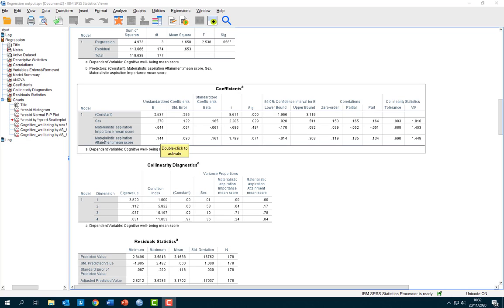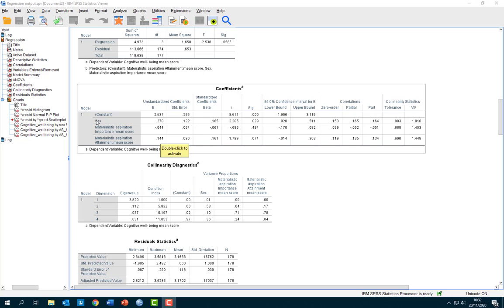In contrast, with the materialistic aspiration attainment mean score, for every point we go up on that subscale, we would expect our cognitive well-being score to increase by 0.1 of a point. So that's a negative relationship, and that's a positive relationship.